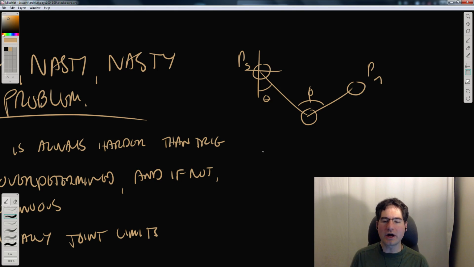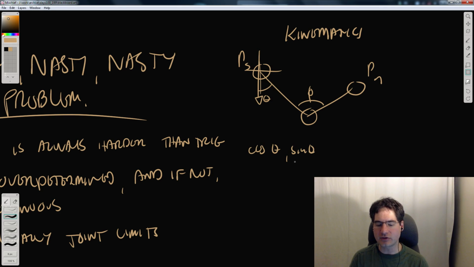Knowing only what you know from Handmade Hero, you can produce the kinematics equations for this easily, okay? All you have to do is write the cosine theta sine theta vector equation, right? That rotates you theta from down. You have to go, this is the L1, this is the L2 lengths. You just multiply that vector by L1 and you would be here.